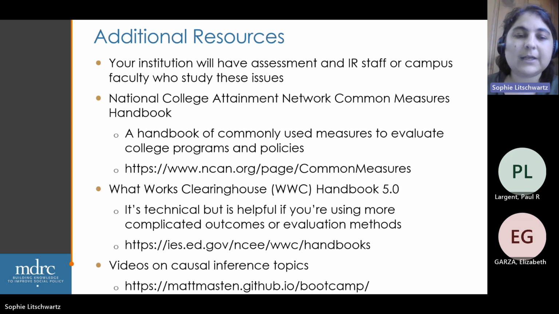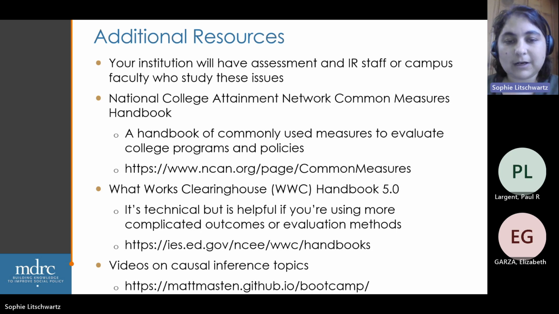But here's the National College Attainment Network Common Measures Handbook. This is a handbook of commonly used measures to evaluate college programs and policies. They're broken down by types, like subcategories of college preparedness, persistence. And for each outcome measure, they explain how prevalent it is and what the research basis is for using these as an outcome-based measure.